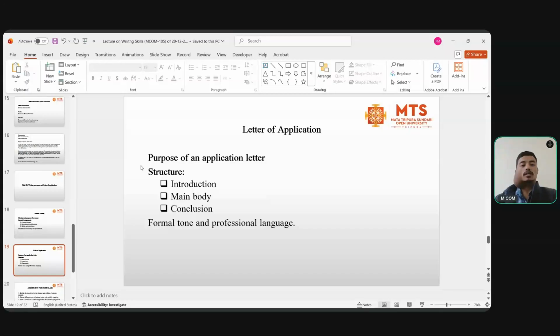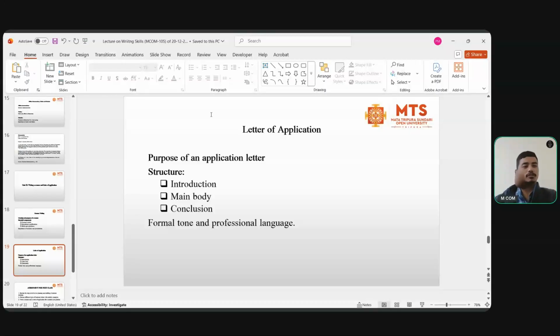The introduction mentions the job and the source of information, and the main body highlights the qualifications, skills, and experience related to the job. The conclusion politely requests consideration and expresses willingness for an interview. Okay, so the language should be formal, polite, and also professional.